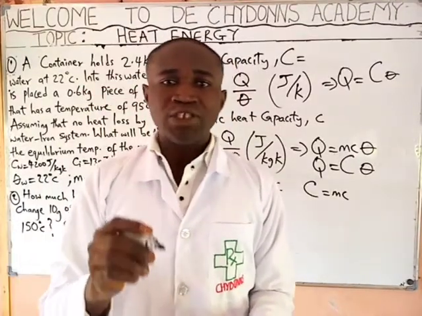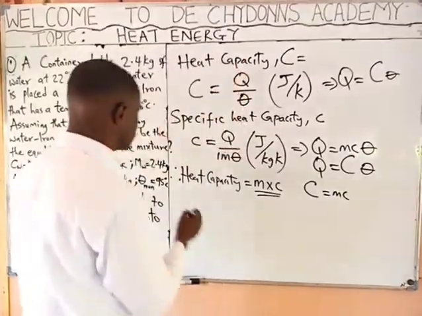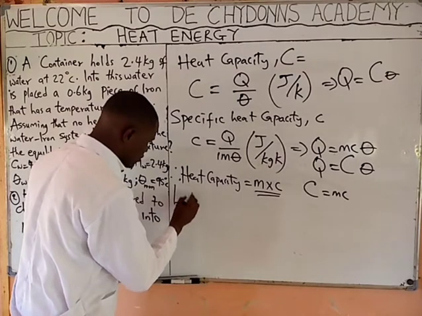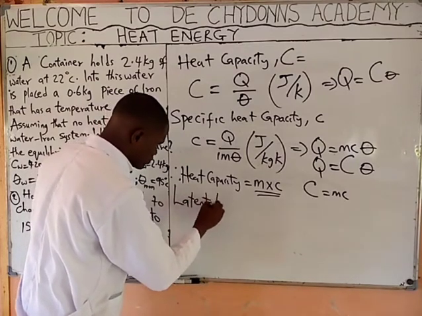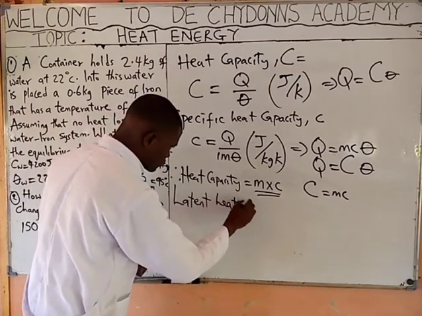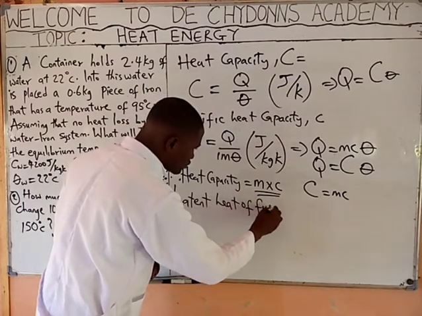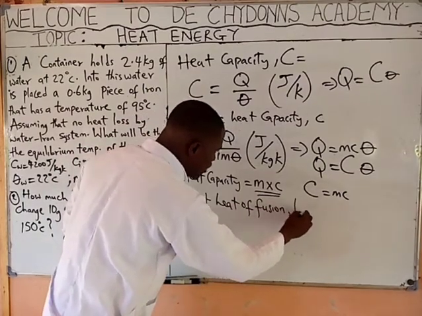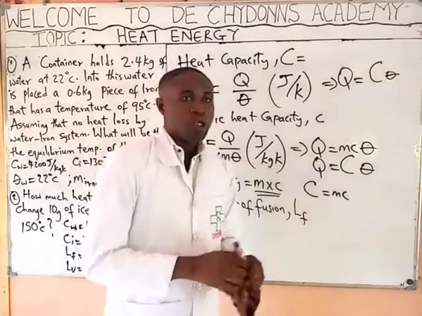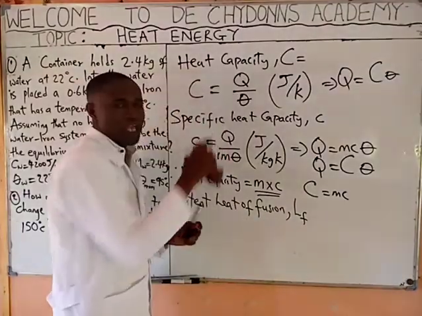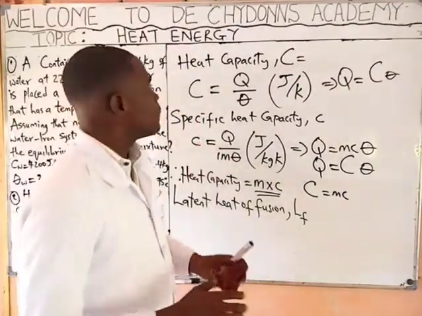Now, we go to the next one, latent heat of fusion. It is denoted with L_F. This is different from these two we explained. Okay?